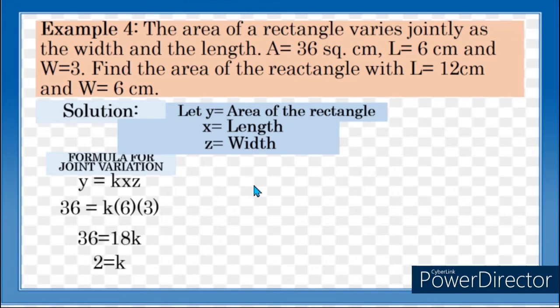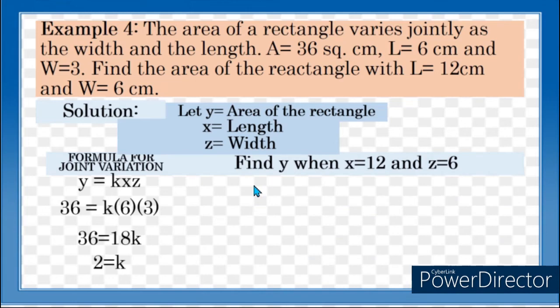Okay, next is let us find the area of the rectangle. If the value of the length here is 12 centimeter, which is the value ng x natin, and the width is 6 centimeter, na kung saan yan yung value ng z natin. Okay, so next is y is equal to kxz. So, substitute lang po natin.